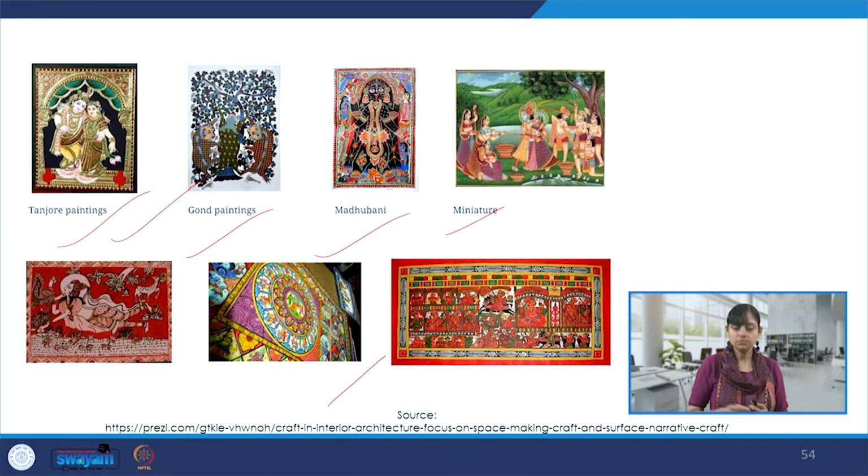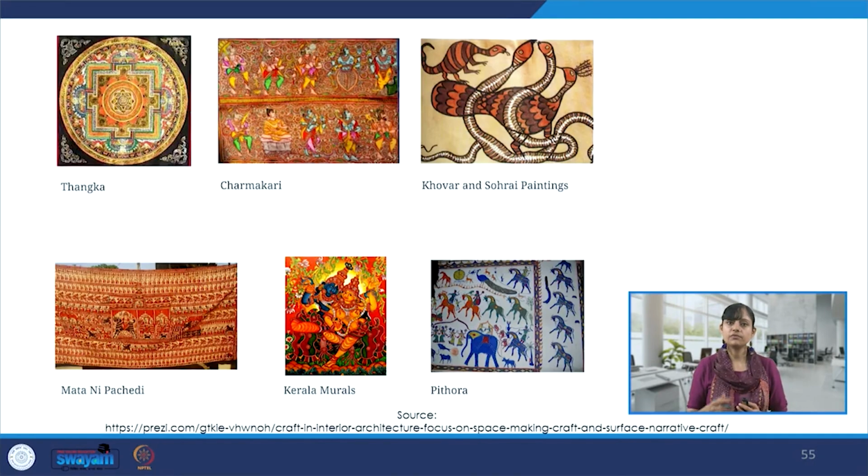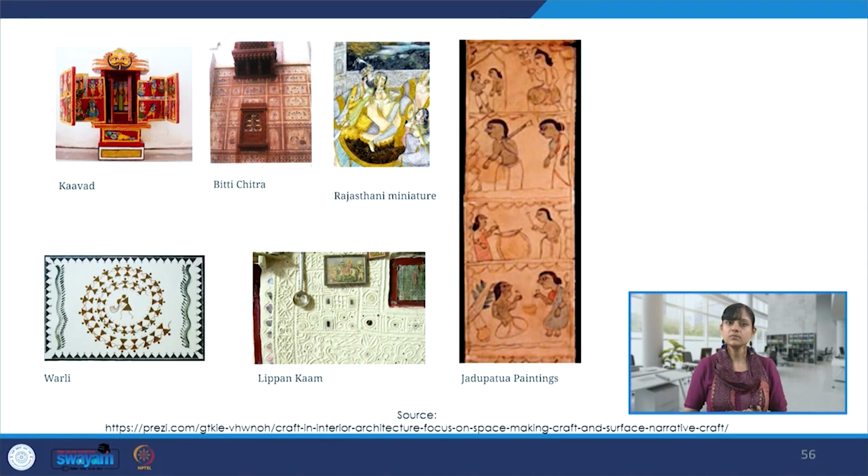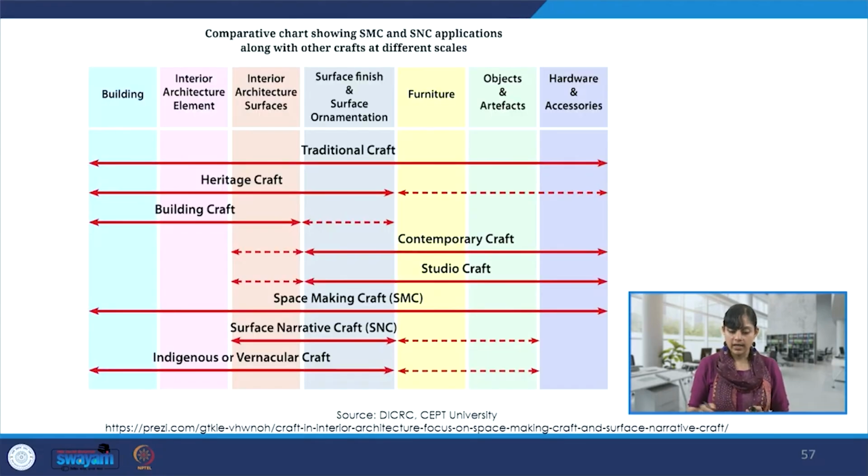Gond paintings, Madhubani, miniatures, different kinds of paintings, surface finishes, and different kinds of storytelling and narrative craft forms that you see on the screen. Many more examples, different materials, timber, fabric, etc. And again, this was very interesting.